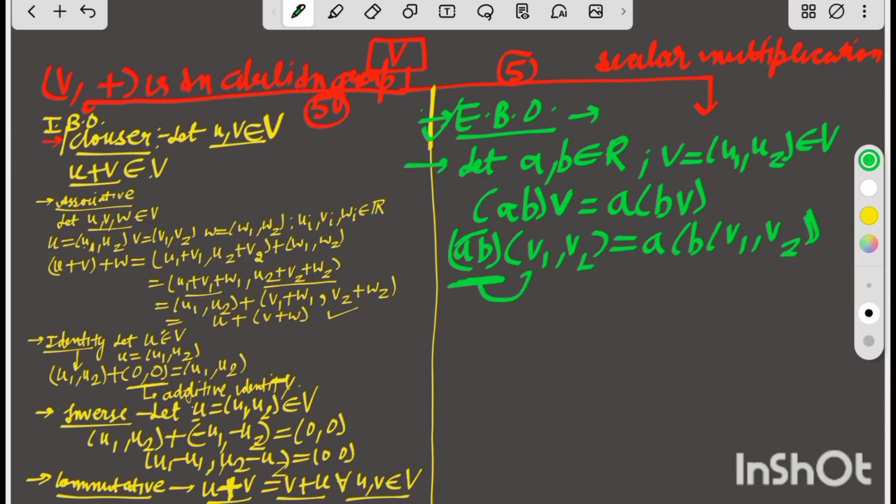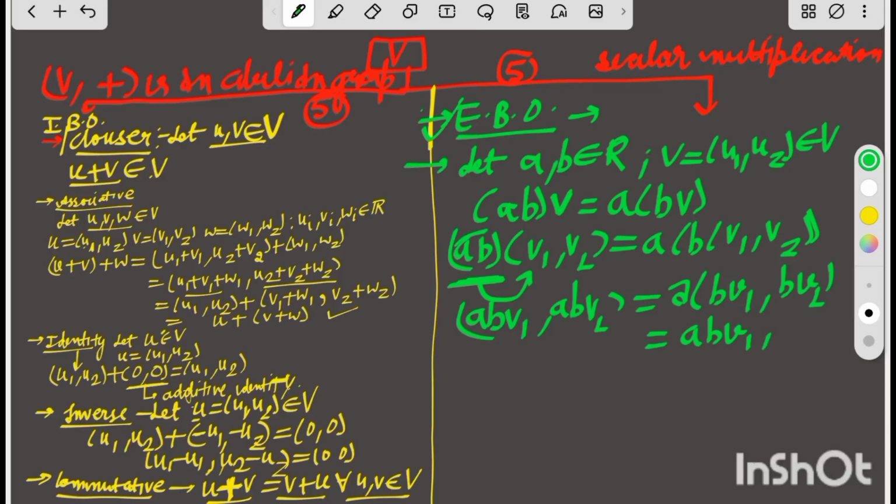So it is multiplied as (AB V1, AB V2). This is equal to A times (B V1, B V2), which gives (AB V1, AB V2). As the left hand side and the right hand side are the same, the second property is also satisfied.